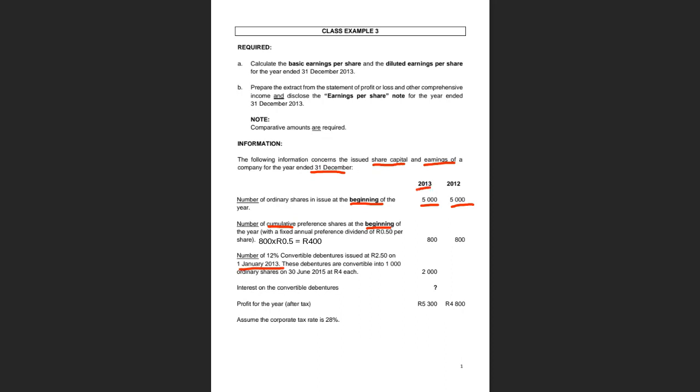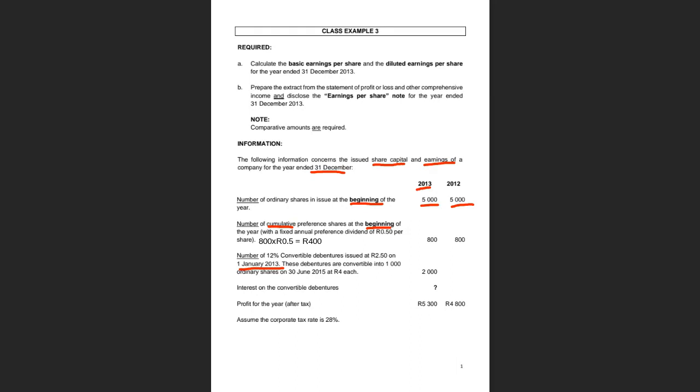Remember, we look at 2013 and 2012. That's the first day of the current year. Okay, so because it's coming on the first day of the current year, is there a need to weight it? Well, no, there isn't, because the capital that relates to that specific amount was available for the entire year. So we wouldn't need to weight it under diluted earnings per share.